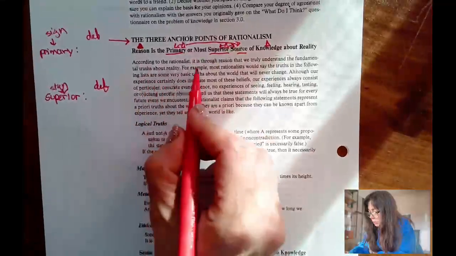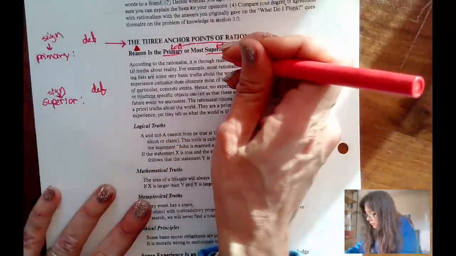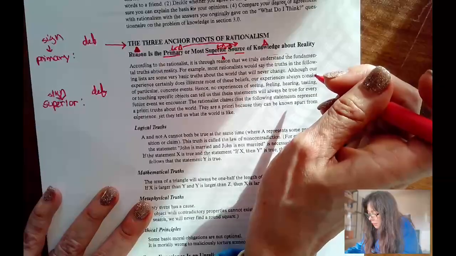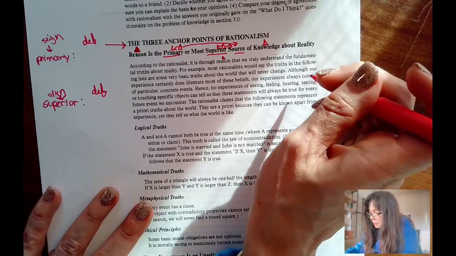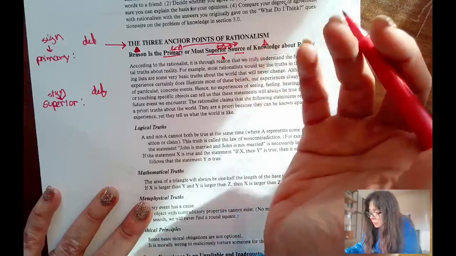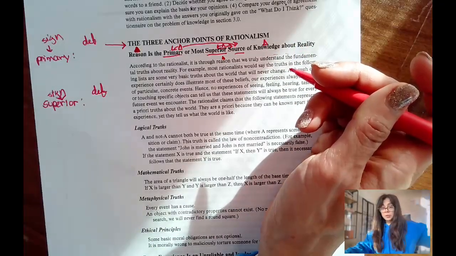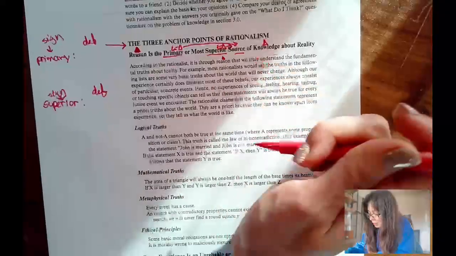Okay, so according to the rationalist, it is through reason, we're going to put a little triangle right there, that we truly understand the fundamental truths about reality. So it says truly understand, that we get to a true understanding. That word truly is not really being used in the way that we're using it in the definition for knowledge, so we're not going to put a triangle over that instance of truly.